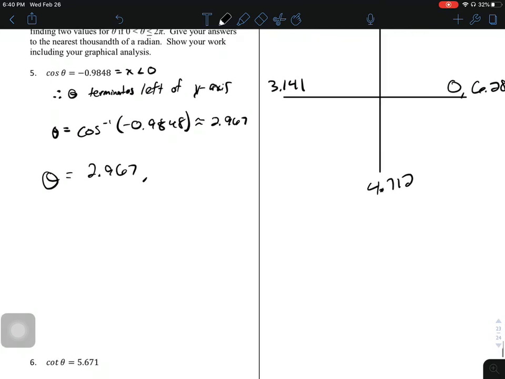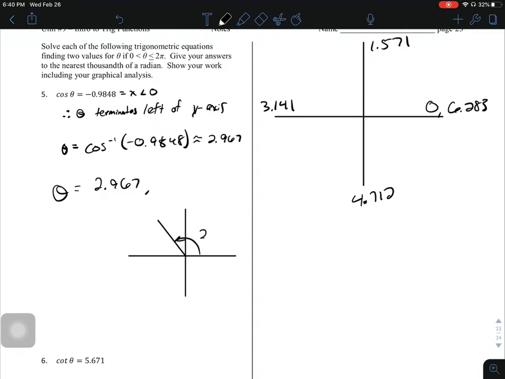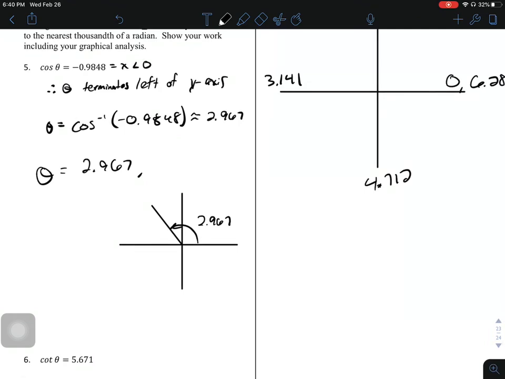Now, which quadrant is that going to fall into? Looks like it's going to fall into quadrant 2. So we know this one here is 2.967. What does that make the reference angle? Well, it's 3.141 minus that, which is 0.175.